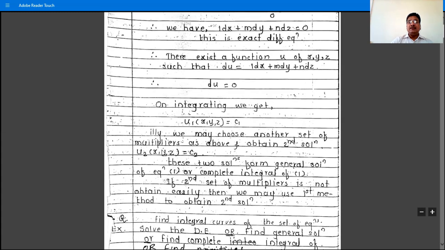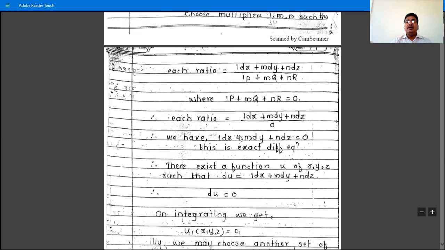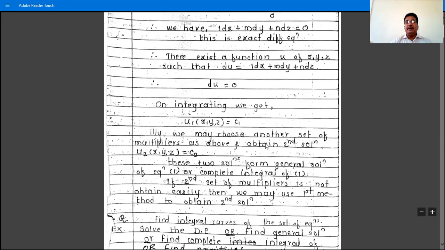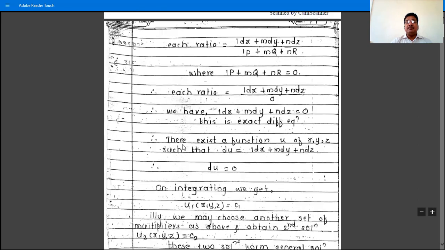And then, in order to find the second solution of such a differential equation, we may apply the same procedure. That is, we find another set of multipliers L, M, N, but the new multipliers must be linearly independent of the first multipliers.